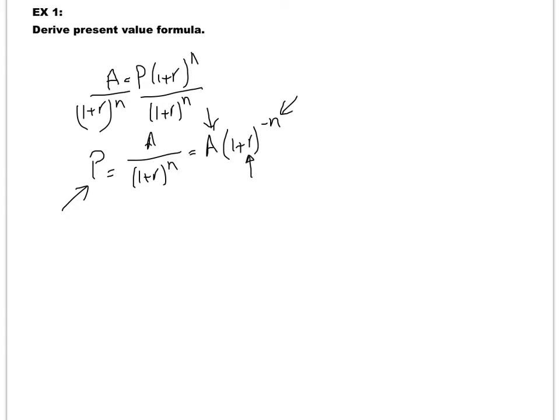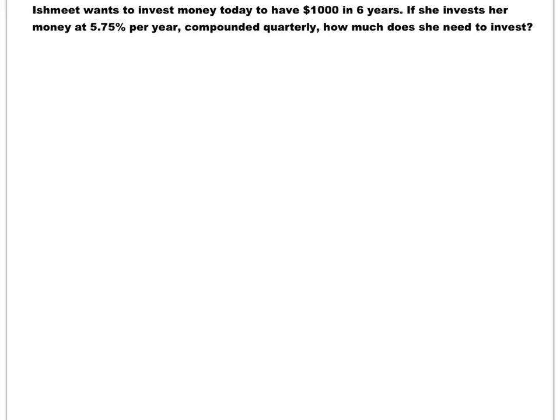if the future value A, interest rate, and the time are given. In the next example, we have Ishmit, who wants to invest money today to have $1,000 in 6 years. If she invests her money at 5.75% per year compounded quarterly, how much does she need to invest?